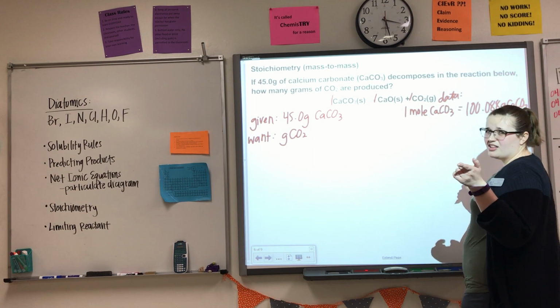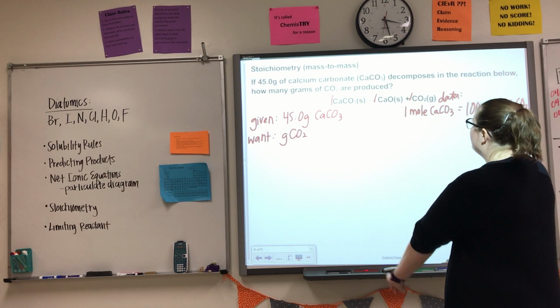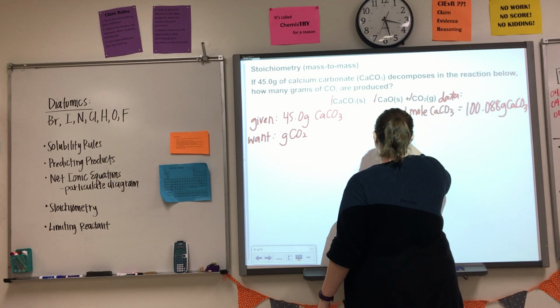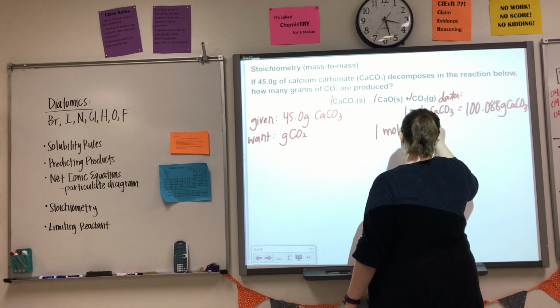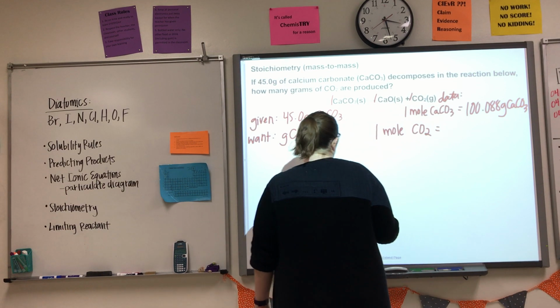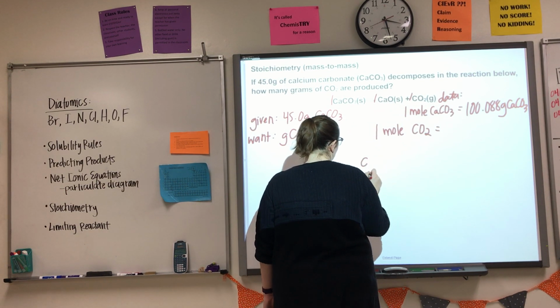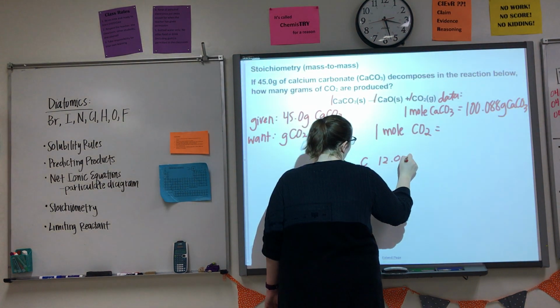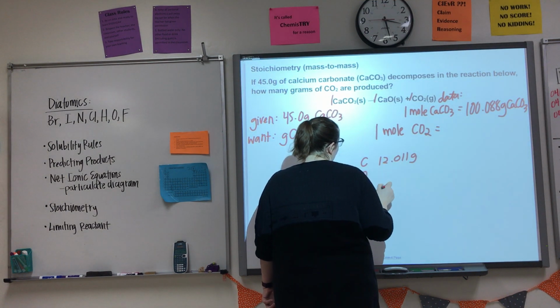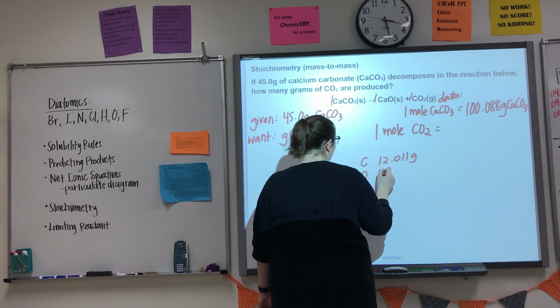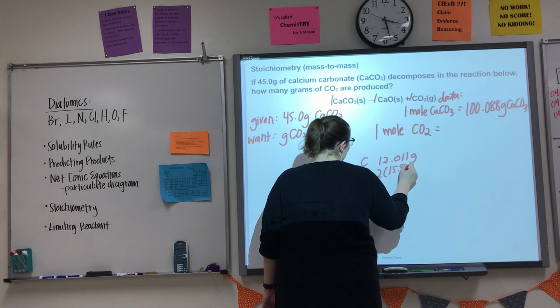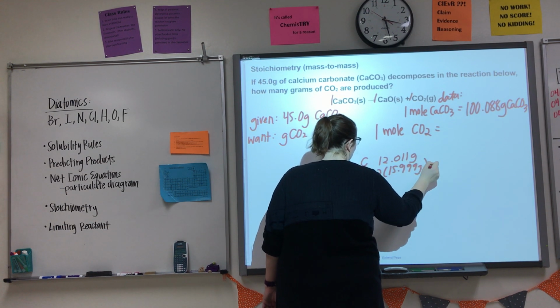And you can rewatch that part of the video again if you need help on that. Now CO2, so for every 1 mole of CO2, I need to know how many grams that is. So the molar mass of carbon is 12.011 grams, and oxygen, which I have 2 of them, times 15.999 grams.